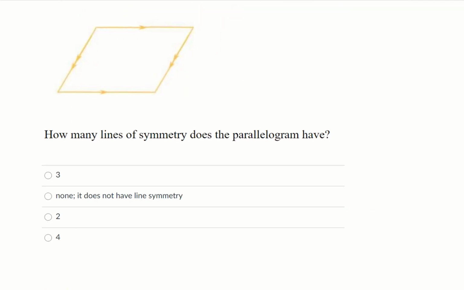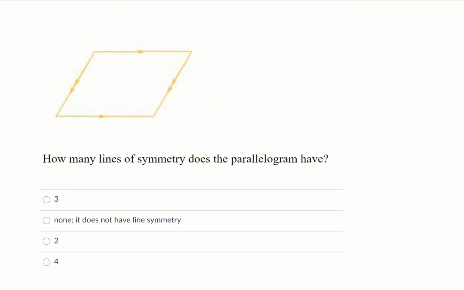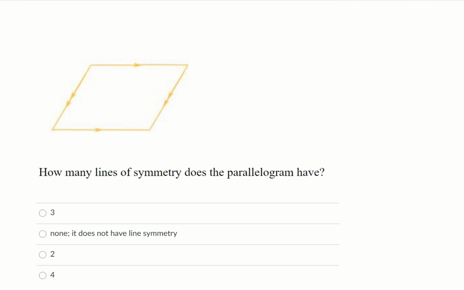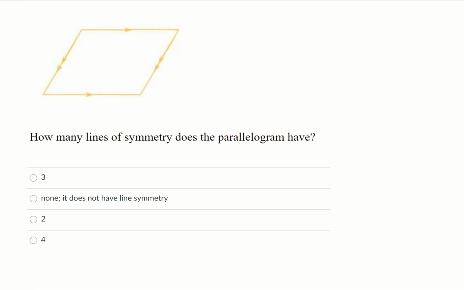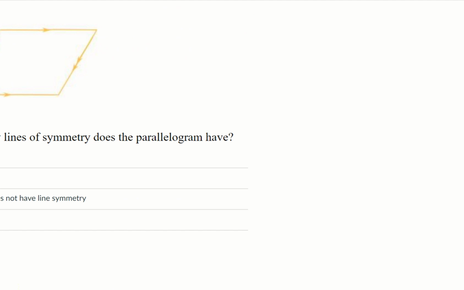All right, so now we're going to finish off with symmetry. So how many lines of symmetry does the parallelogram have? A line of symmetry, remember, if you have a given shape, like a square, line symmetry refers to if you were to fold it across a line of reflection, will it match up on the other side?